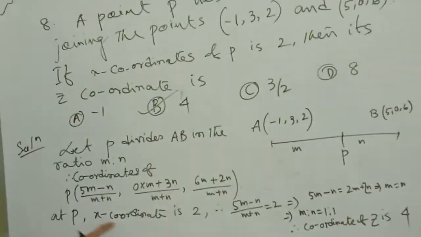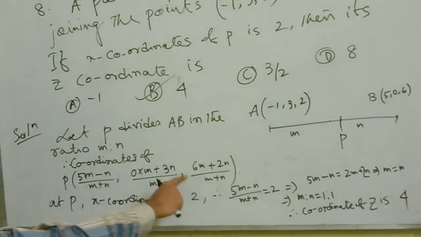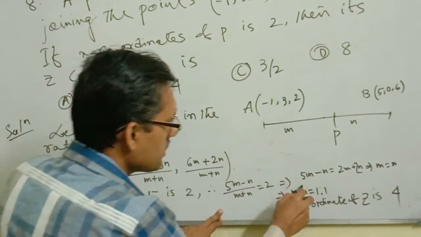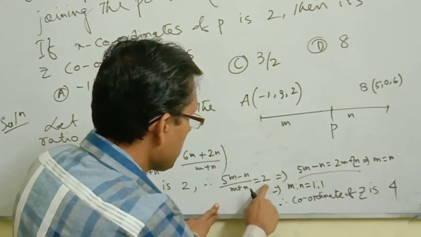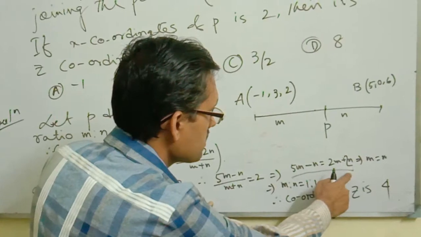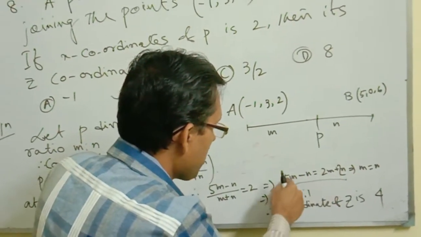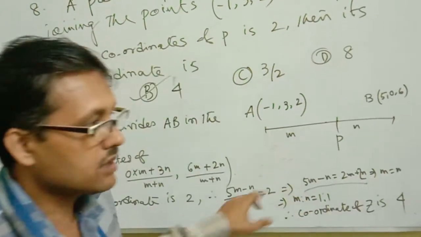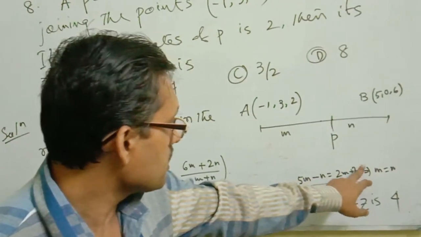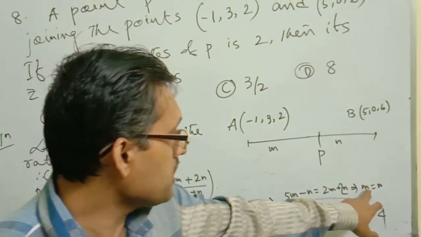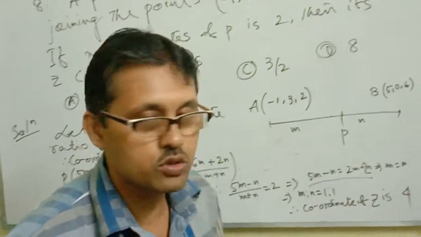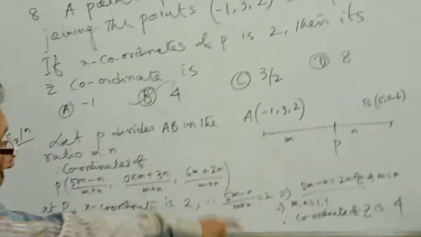At P, the x coordinate is given as 2, so this expression equals 2. After multiplying by 2 and simplifying, 2m and 5m give 3m on the left-hand side and 3m on the right-hand side. After cancelling out, we get m is to n equals 1 is to 1.